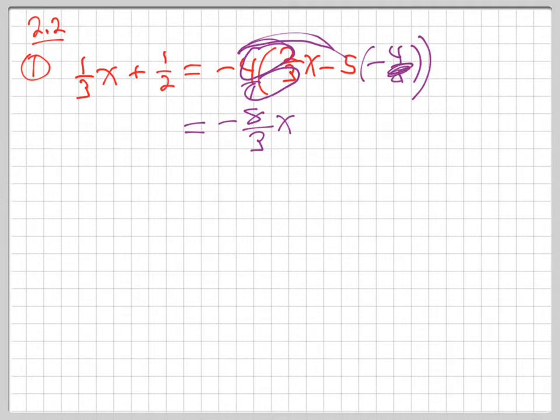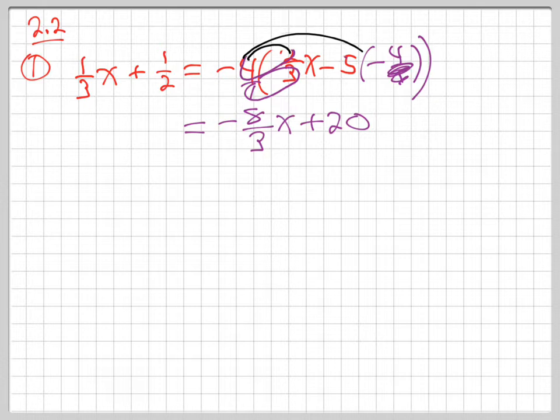So now you don't need the over 1. It's just going to be plus 20. You can put over 1 if you want, but that won't do anything. Does that make sense? That minus 4 over 1 distributed to the 2/3 x and to the 5.